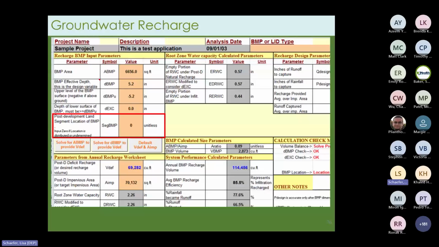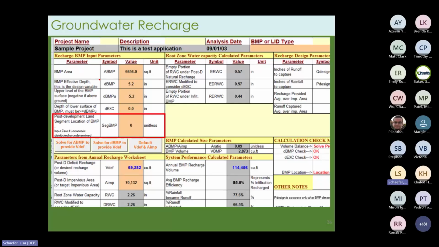So therefore, the BMP location shall be the land segment where the BMP is to be located in the post-construction side of the input sheet, the previous sheet. If the location of the BMP is not input, the default value is 0. And by that, the spreadsheet then uses an average root zone depth of all the soil series on the post-construction condition to calculate annual BMP recharge.